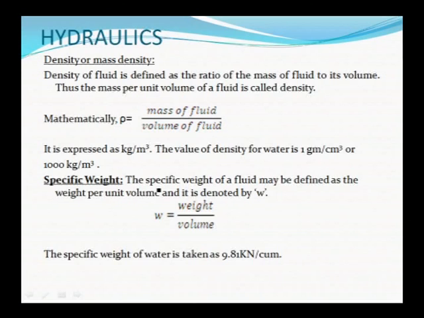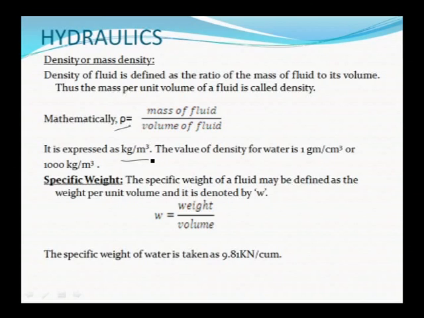Mathematically, it is represented by the symbol rho, and it is given by mass of the fluid over volume of the fluid. It is expressed as kg per meter cube. The value of density of water is 1 gram per centimeter cube or 1000 kg per meter cube, and this is also equal to 1 ton per meter cube.